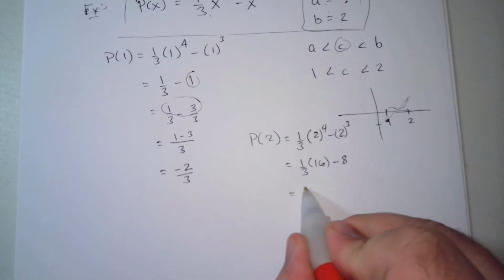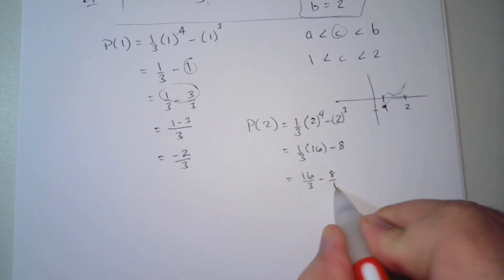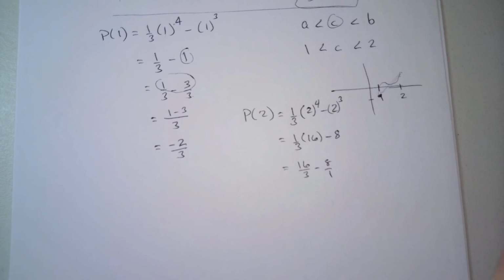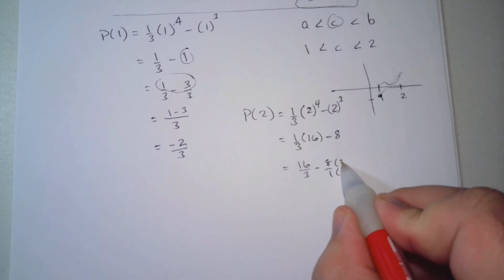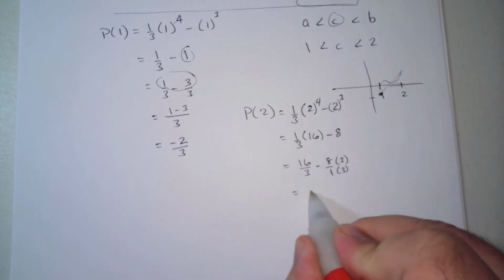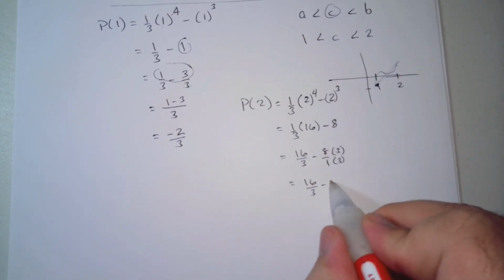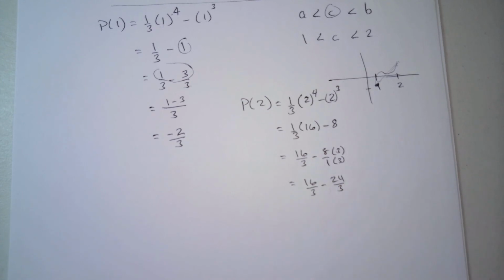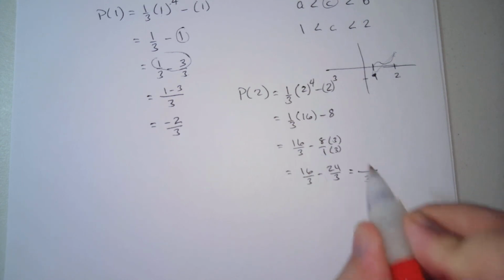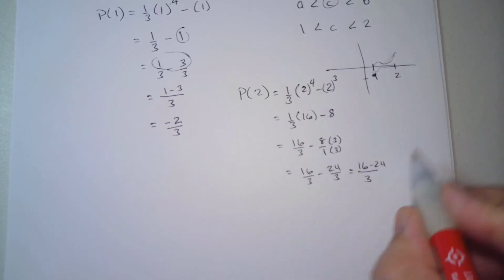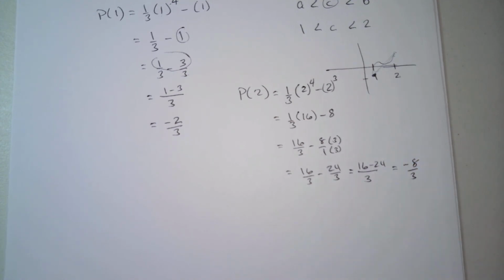So this is 16 over 3 minus 8 over 1. You get a common denominator. Multiply top and bottom by 3. 16 over 3, 24 over 3. 16 minus 24 is negative 8 over 3.